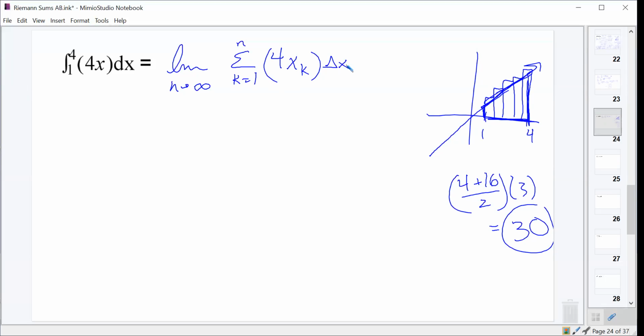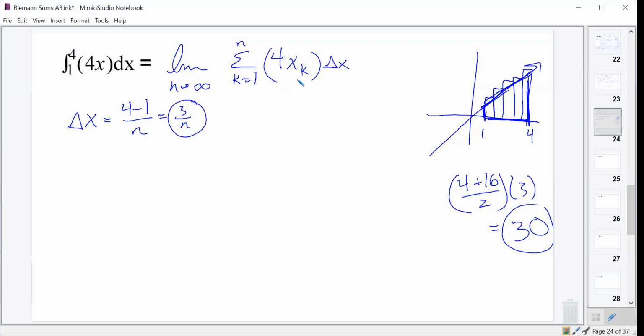All right. What should delta x be? It should always be b minus a over n. So 3 over n, right?